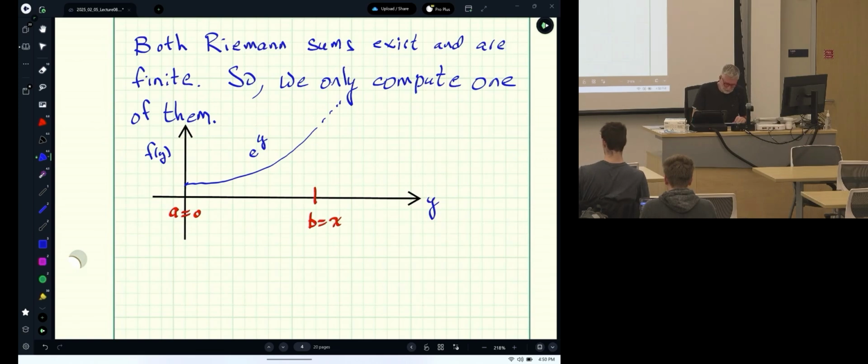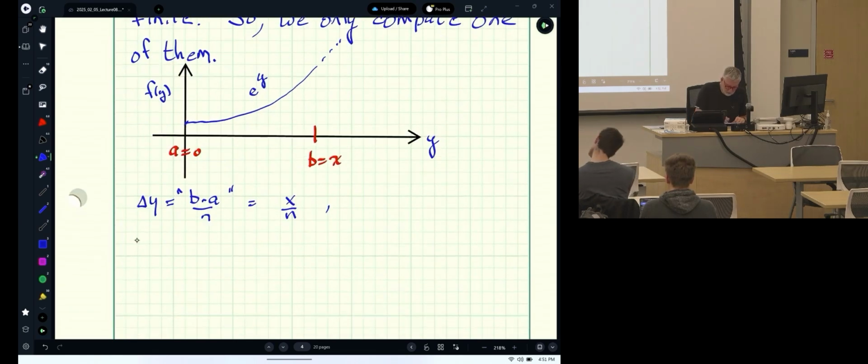Okay, so the first thing we do is we define delta y, and it's going to be b minus a over n, where for us, b is x, a is 0, so we get x over n. So that's delta y. Then once we have delta y, yi is i minus 1 times delta y.